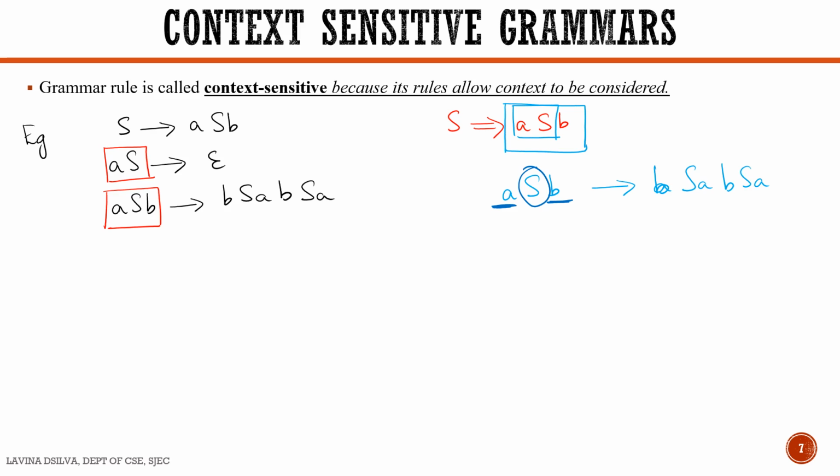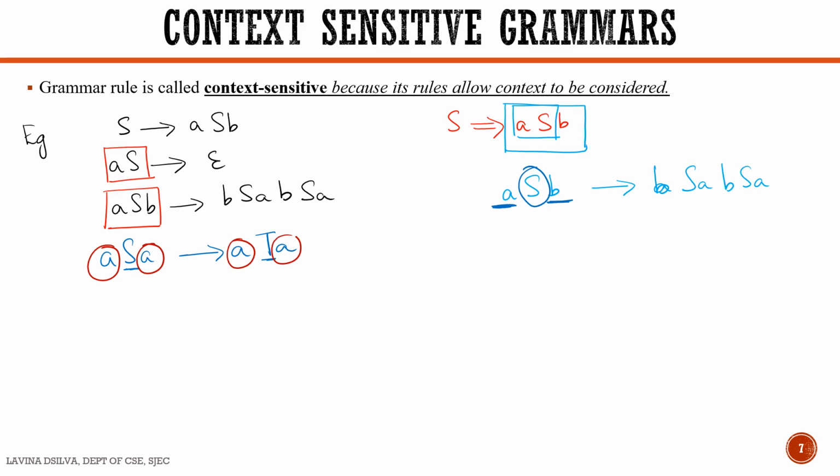That is, we consider the context. Now suppose we have another rule, something like ASA tends to ATA. Then wherever we have S, we can replace it by T. But we need to consider the symbols before S and after S.